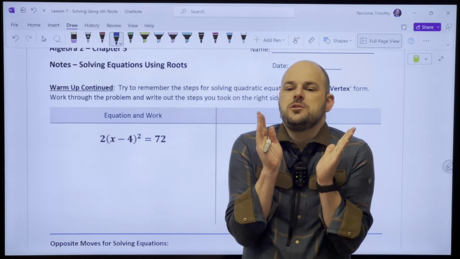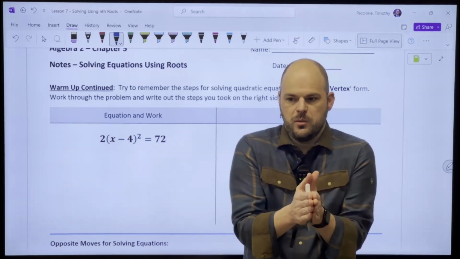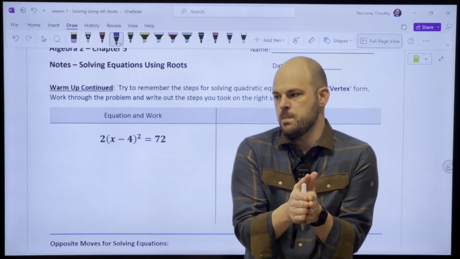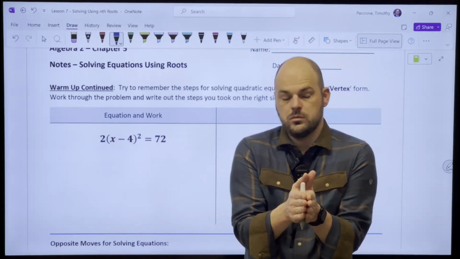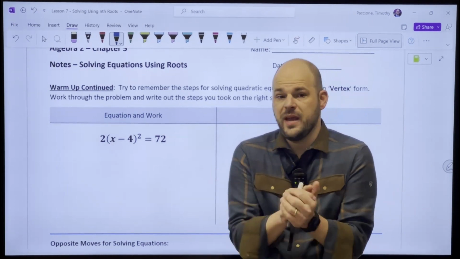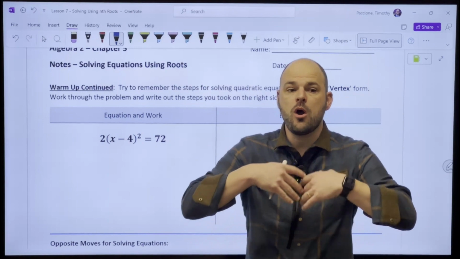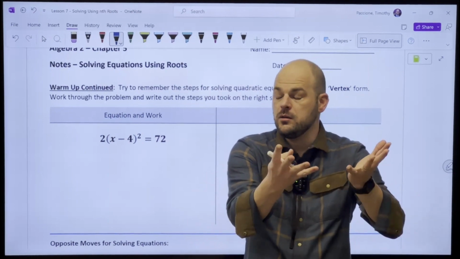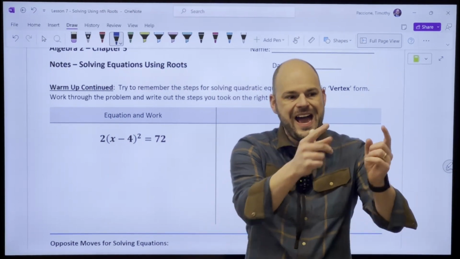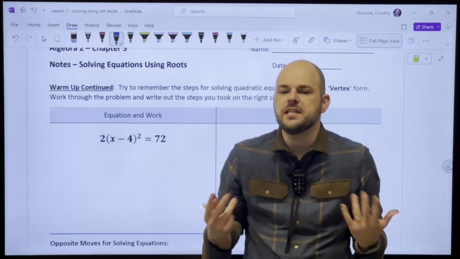What do we usually need to do with the variable to find that value? Sometimes we divide, sometimes we add, sometimes we square root. We're just trying to get that thing isolated by itself, right? So that's still our goal.